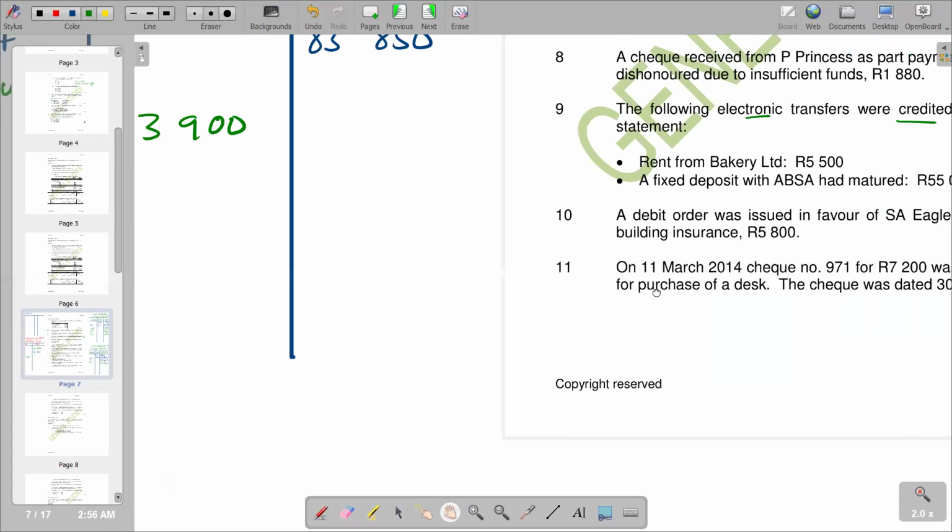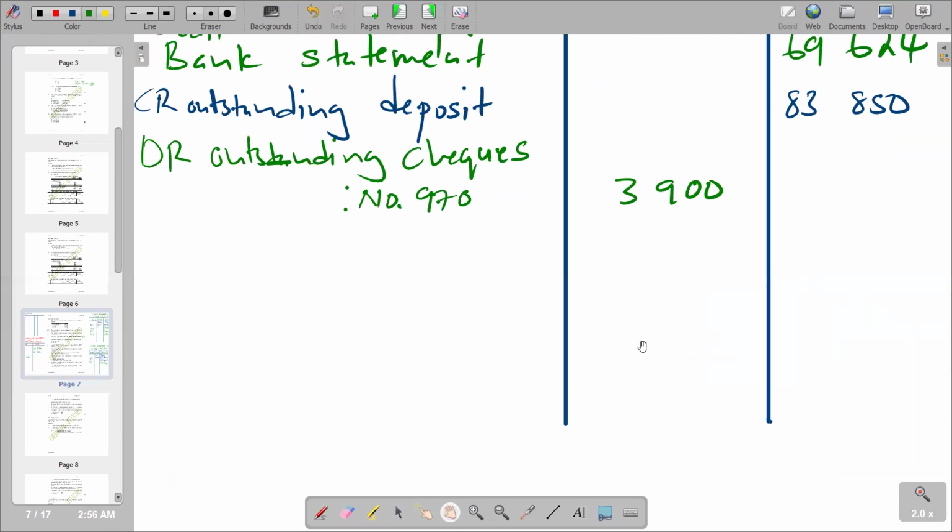So we have check number 971. There's an outstanding check 971, and it's an amount of 7,200. So that is what we have. We can now try to see the next one. We go and see again what we have next.